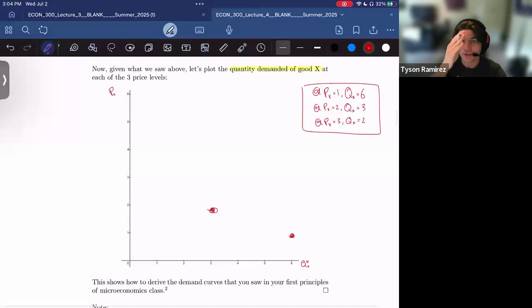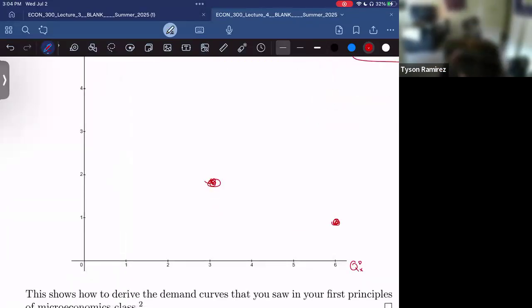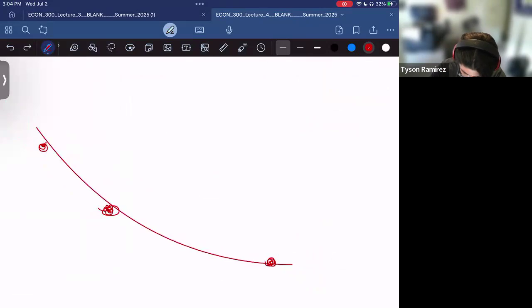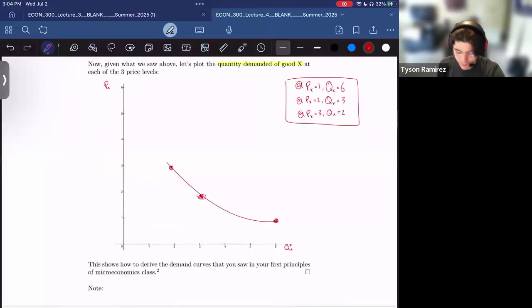What is important is this big picture that I'm about to show you. Finally, at a price of 3, quantity is 2. And then if I were to draw a line through these points, that's roughly it.